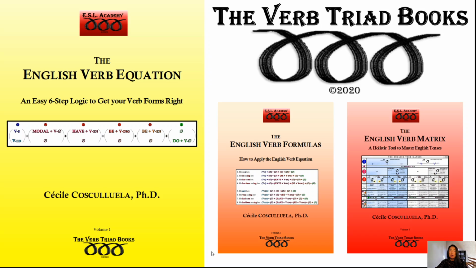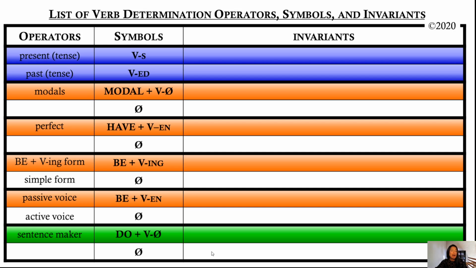In this video, I'm going to present the verb equation to you, and this video follows another video in which we have already done some work on the different verb operators that exist in English and that can be used to give a form to a verb. So if you haven't watched that video yet, you should do it. You should work on that video and see what the different operators are and their symbols.